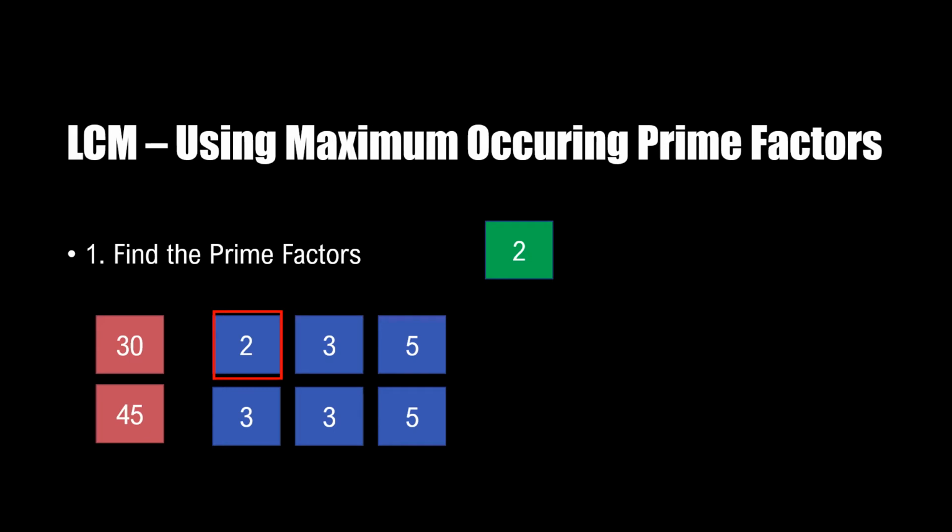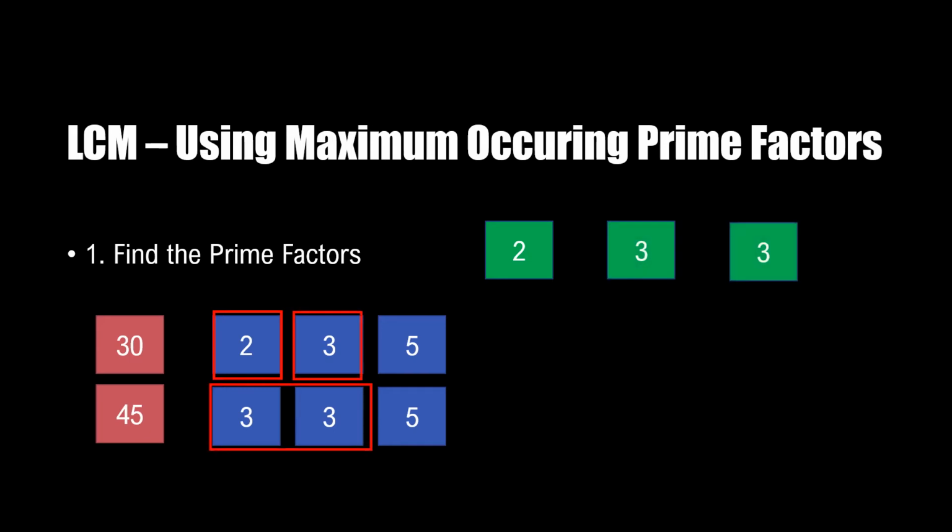Next, we check the number 3. 3 is appearing only once under 30 and 2 times under 45. So, we write down 3 2 times because this is the maximum number of times it is occurring under any of the numbers. Finally, we look at the number 5 and it is occurring only one time under 30 and only one time under 45.